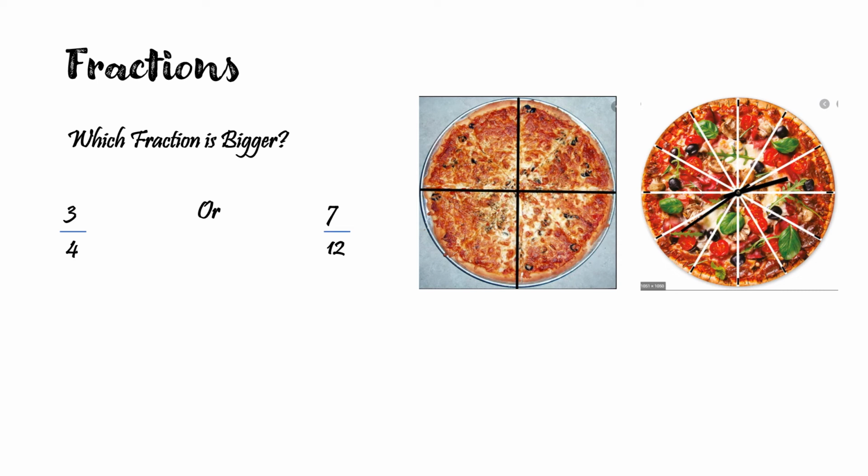Or you have cut the same pizza into 12 equal parts and you are going to eat 7 of those pieces. Now which one is bigger? It is very difficult to find out numbers like this, which one is bigger. We will learn how to find this in our next lesson.